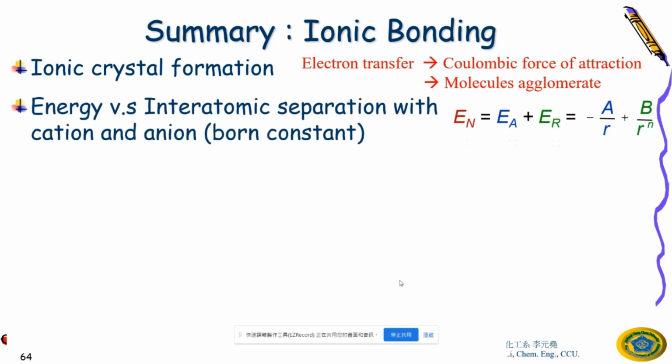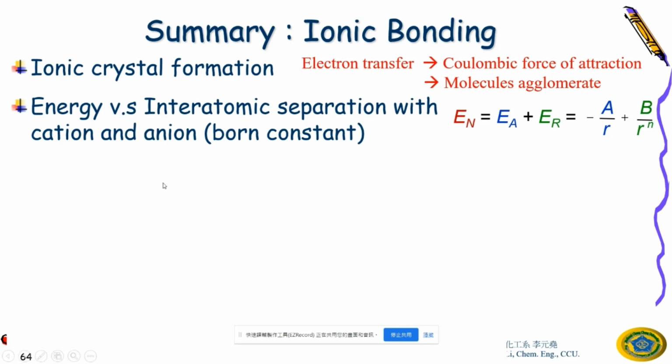And then we need to think of the energy. Apart from repulsion force and attractive force, how about energy and the interatomic separation between cation and anion? So the energy, when they get together, you have attraction energy and repulsion energy.